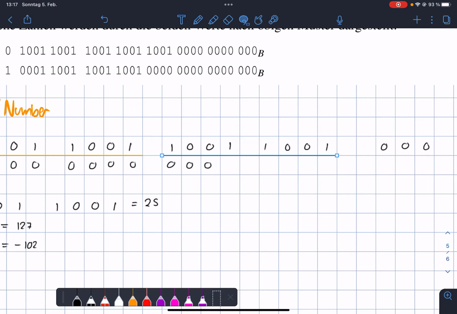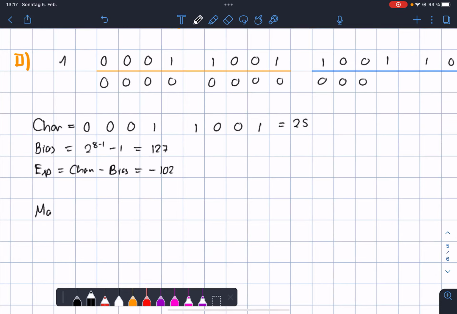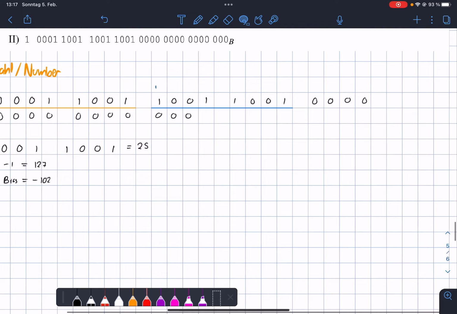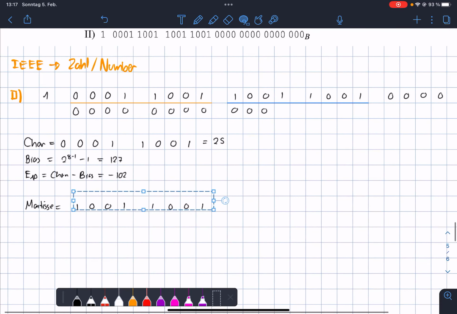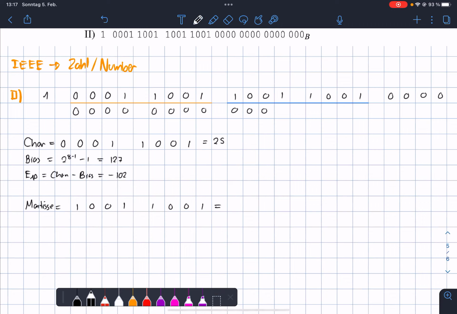So now we take the mantissa. It's basically this big number, right? I'm going to put it over here. And if we calculate this in decimal, it is going to give us 1001, 1001. And decimal is 153, right?